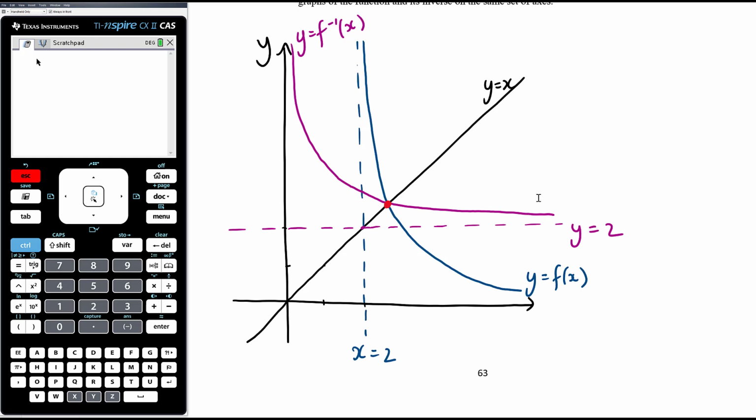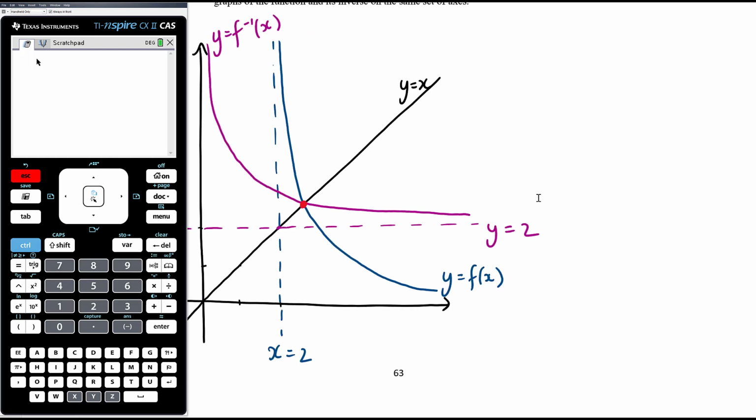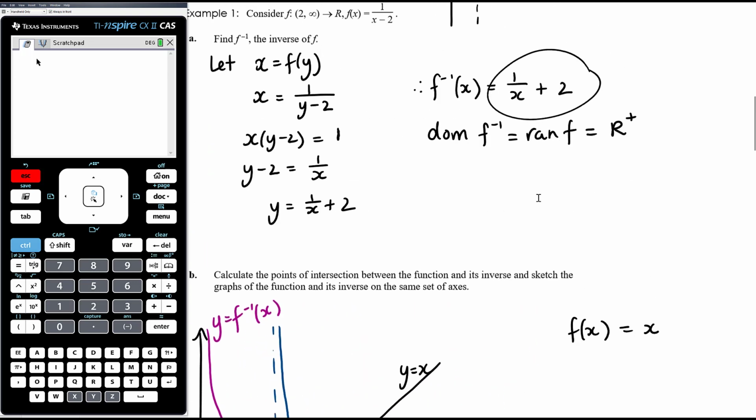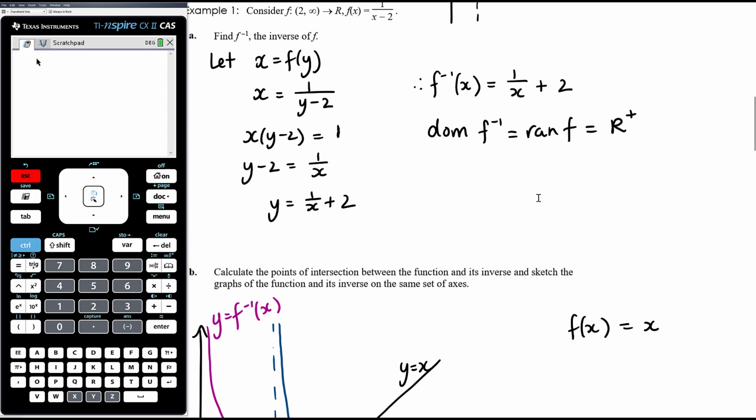I would always advocate, if it is an option, that the easiest equation to solve is going to be f of x equals x. F of x equals f to the negative 1 of x will always be the most complicated equation to solve. Something equal to x will be the simplest equation to solve, and I would always encourage you to use the original function equal to x, just in case you made a mistake when you found the inverse.